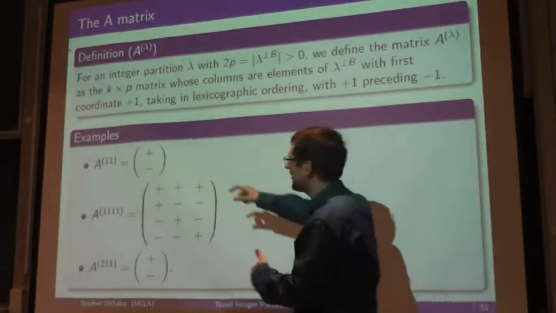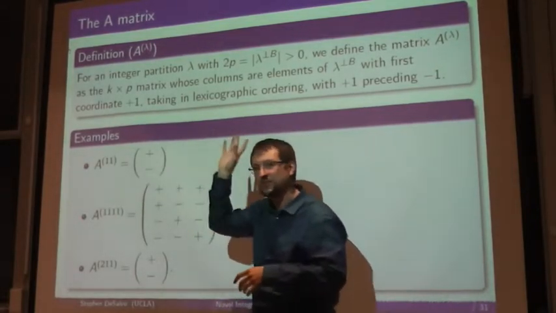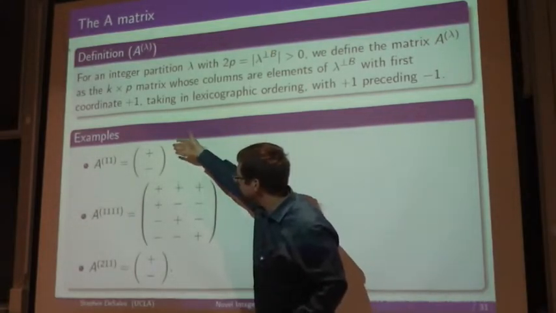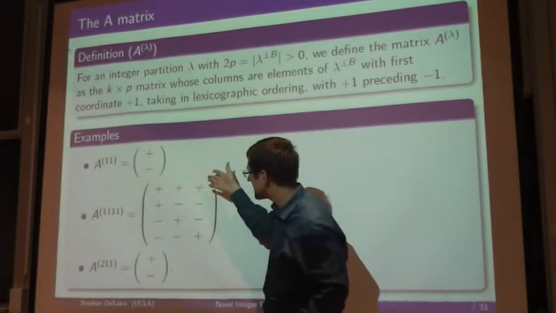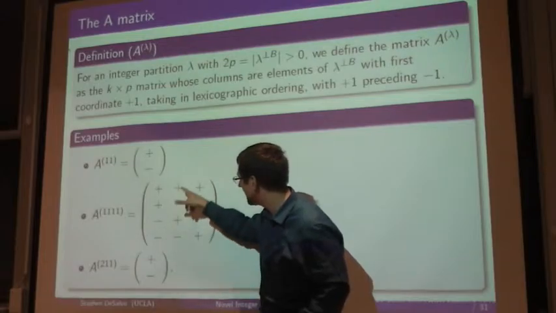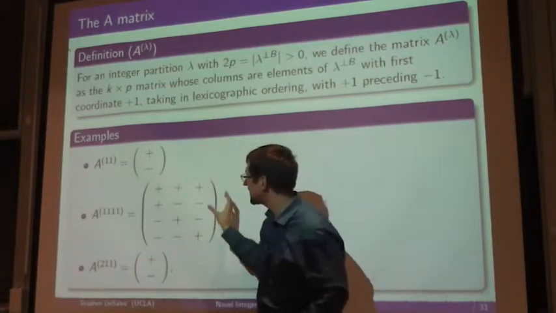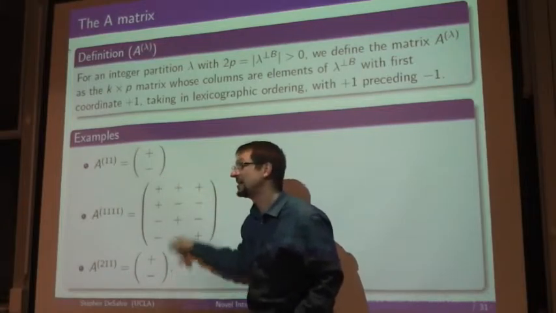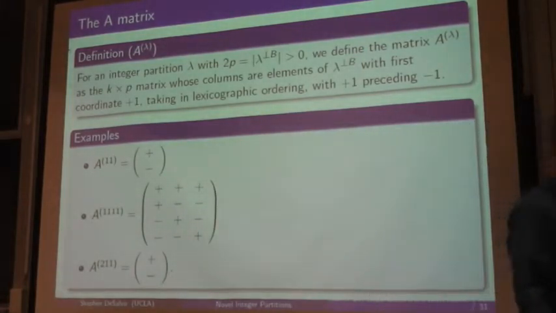So really this is plus 1, minus 1, and I'm just writing plus and minus. And you might notice, okay, A11 is plus minus, A with 4 1s is, here's our plus, plus, minus, minus, etc. And you might notice some structure here. A to a 2, 1, 1, you get back exactly this A11.